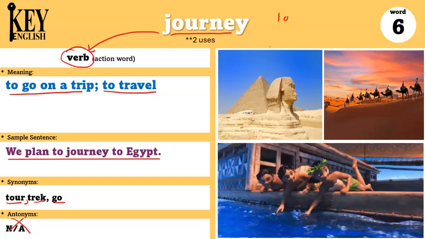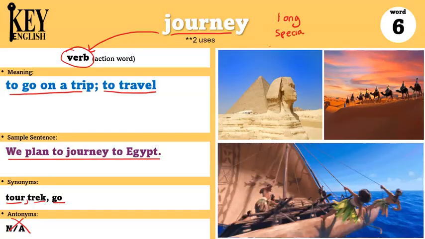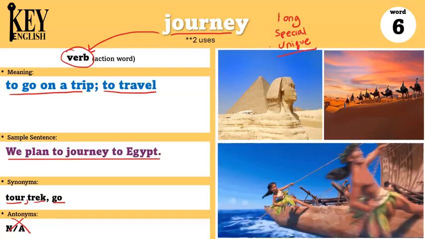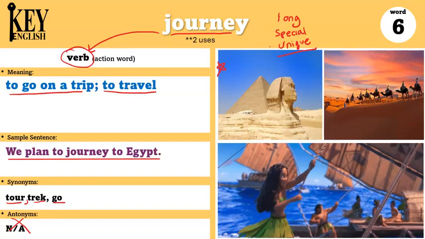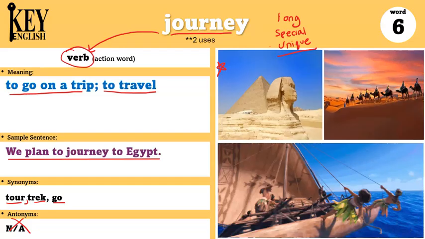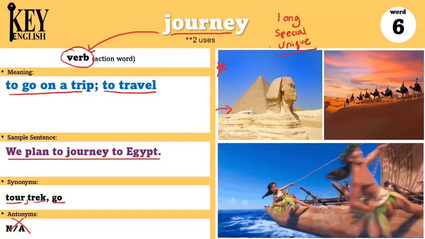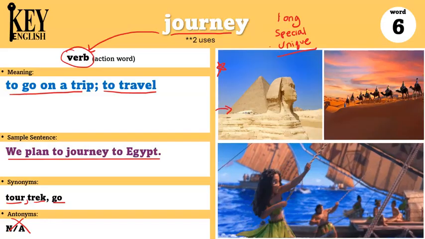Remember, we're still talking about journey as a very long or very special or very unique kind of trip, not just a regular kind of trip. When someone goes to a special place like Egypt, it's not very normal that everyone will go there, so you can call it a journey. I can say, I journeyed to Egypt.